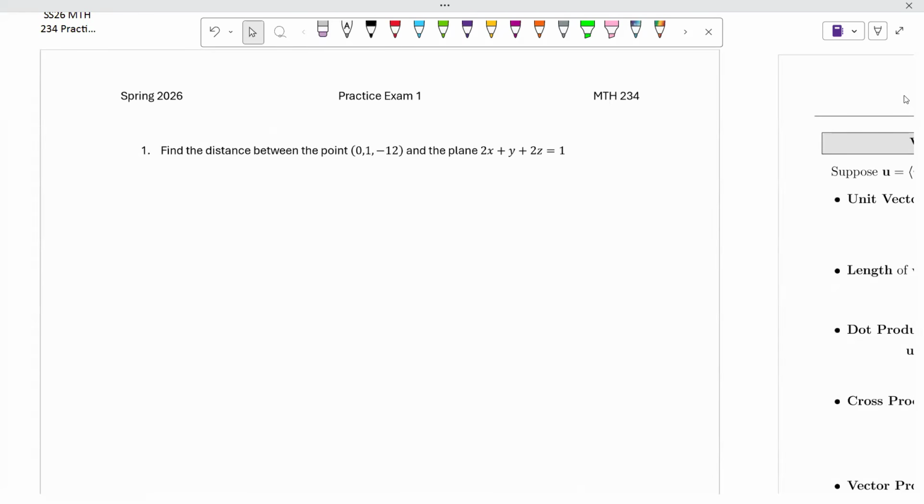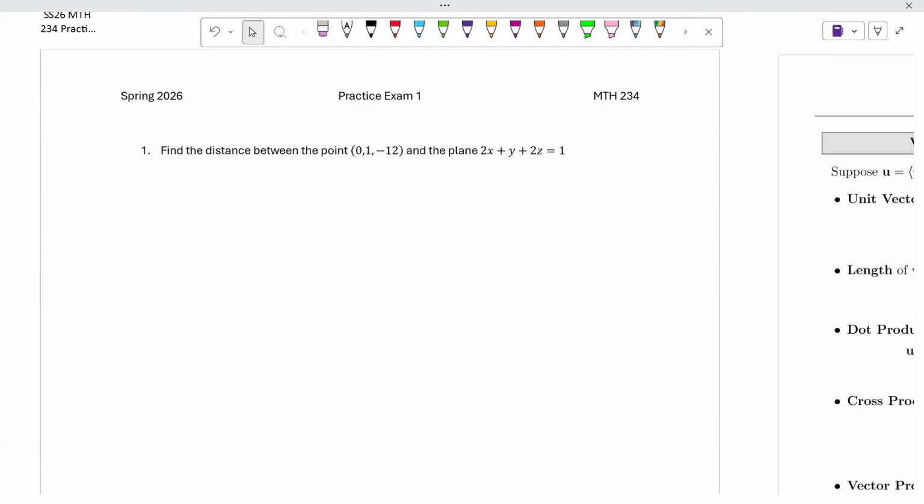If I want to find the distance between a point and some plane, my rough structure is to pick any point that's in the plane, look at a vector that connects my point to that point, and then project that vector onto the normal vector.